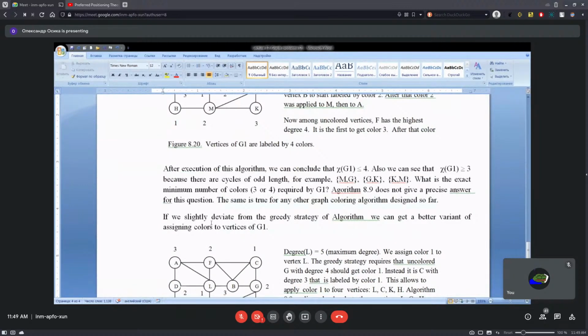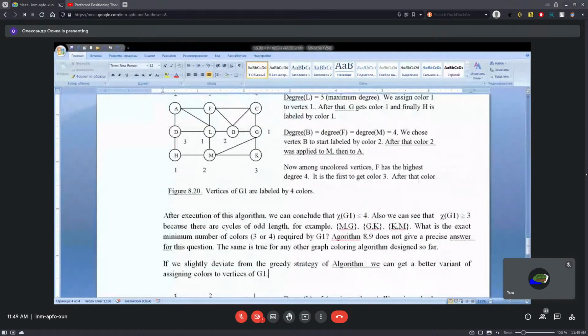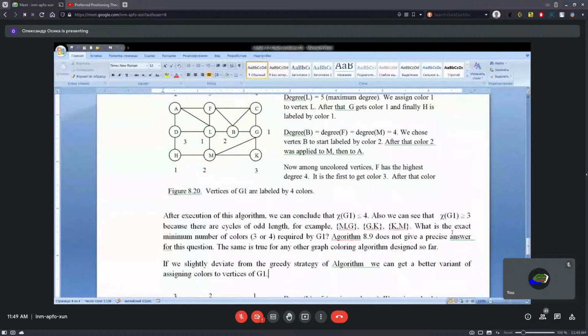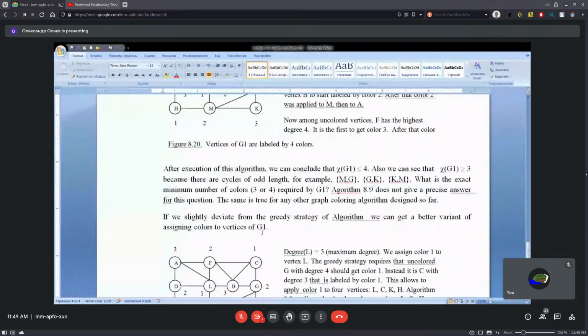If we slightly deviate from the strategy of our algorithm, we can get a better variant of assigning colors to vertices of G1.